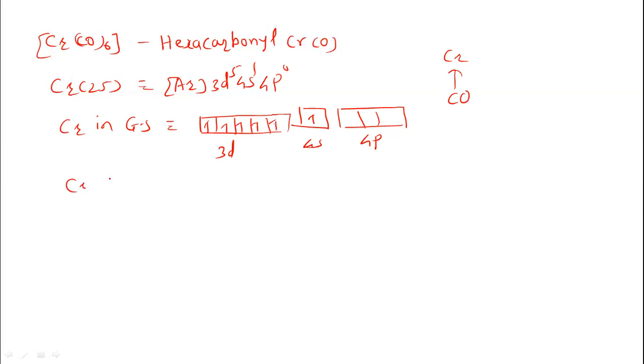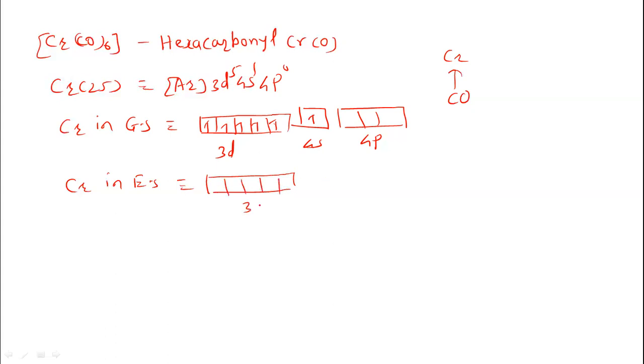So chromium goes to the excited state, and in the excited state we can represent the arrangement now. Pairing of the electrons takes place here.